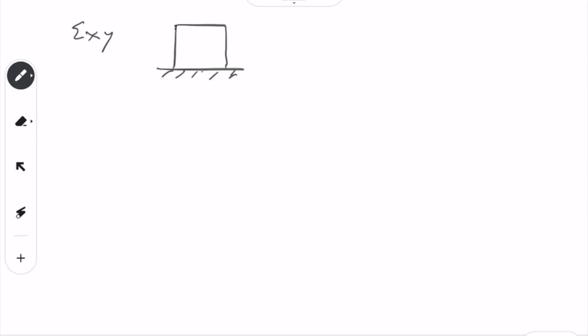We do not have to assume it is fixed here actually, we can just write the displacement here.